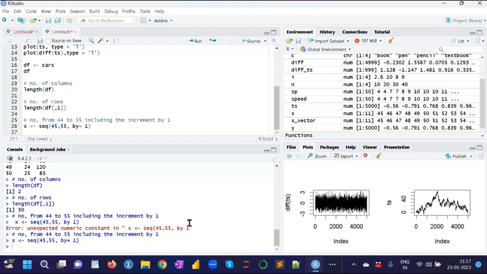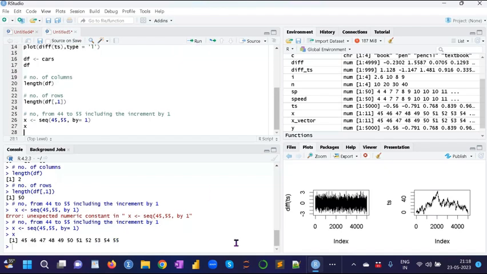If I print the X, it gives the 10 values.